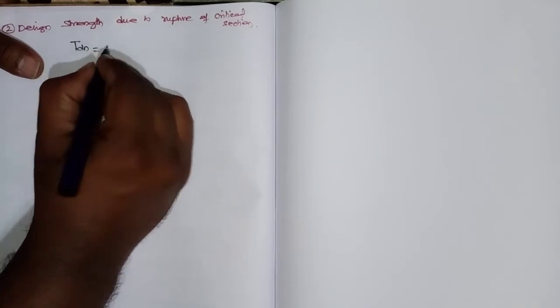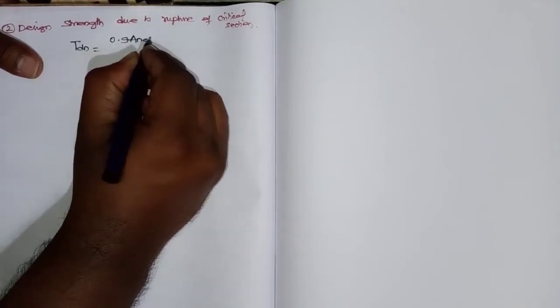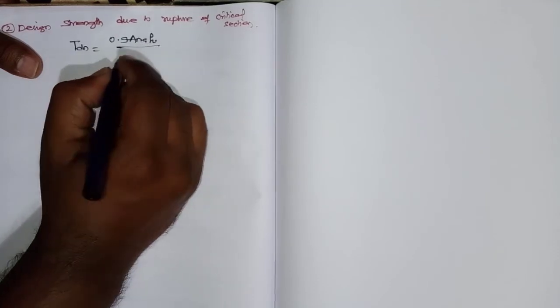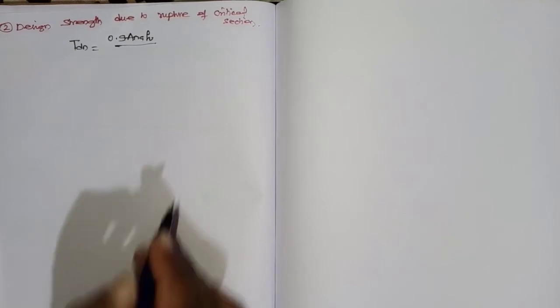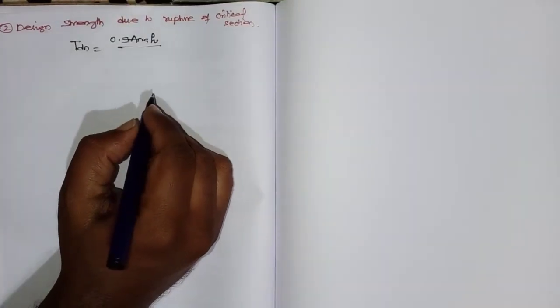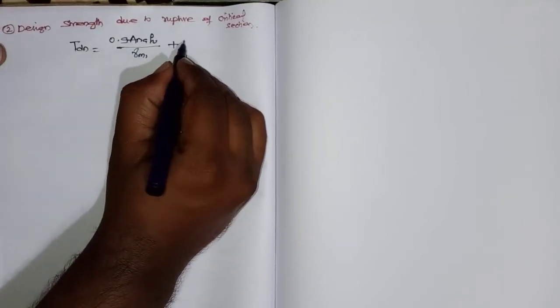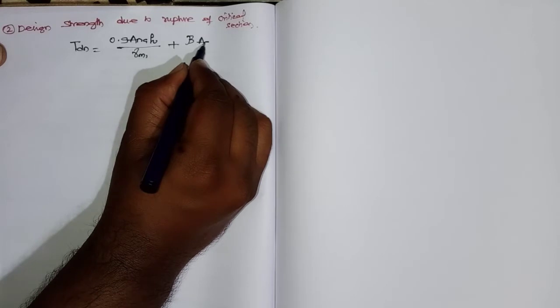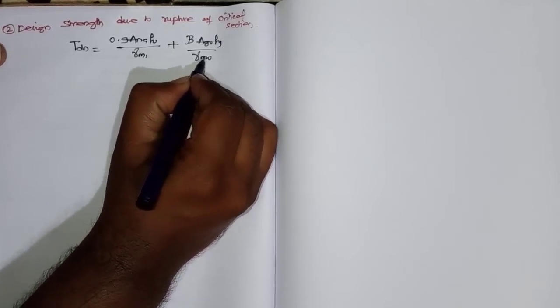TDN equals 0.9 ANC Fu by gamma M1 plus beta AGO Fy by gamma M0.